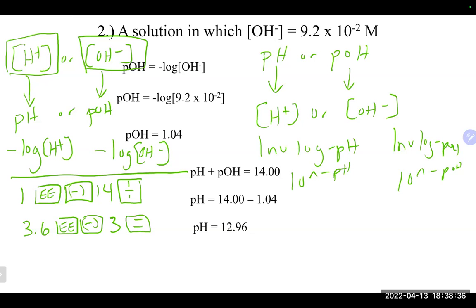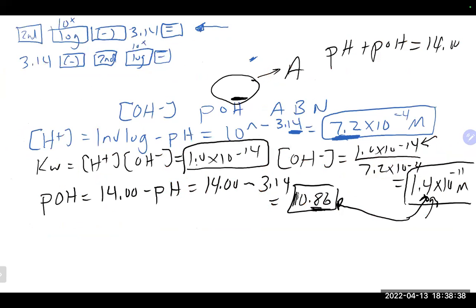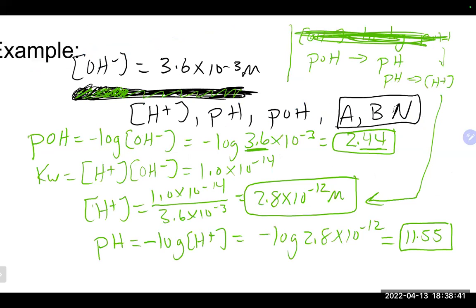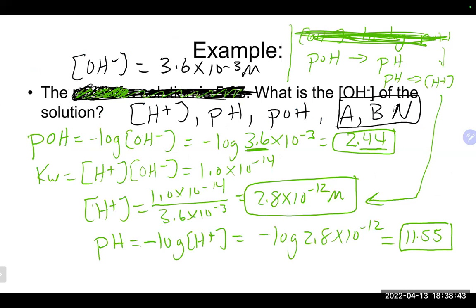For which one are we talking about? This one? Let me see. So again, you want to type in 1, your exponent button, no multiplication button, just straight exponent button, negative and 14, and then hit divide. 3.6 exponent button, again, no multiplication button, -3, and you should end up with 2.8 to the minus 12.